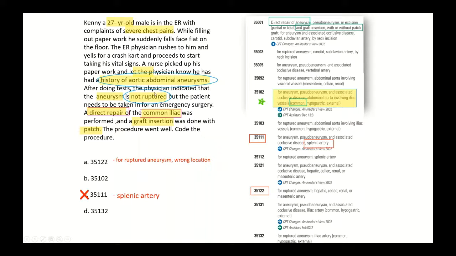Remember, the documentation indicates that it was not ruptured. So that rupture there makes it wrong. And 35132 is also for ruptured aneurysm, even though it's for common iliac artery. Again, ruptured aneurysm, so that eliminates that as well. So y'all are correct. B is the correct answer.